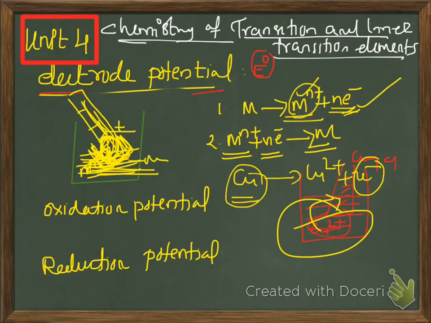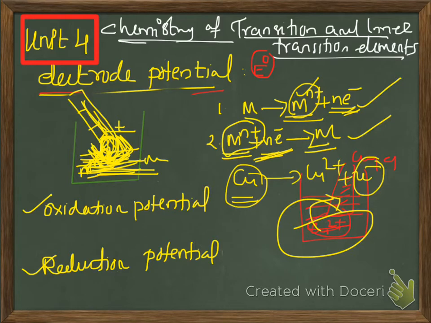Sometimes metal ions in solution have a tendency to accept electrons and get reduced. That process gives the reduction potential. So, normally we can have two types of potentials, oxidation potential and reduction potential.